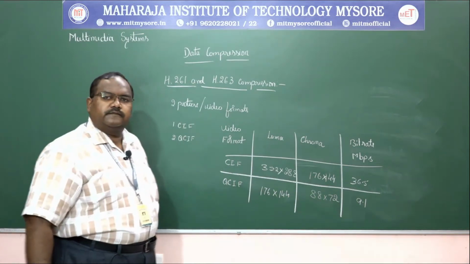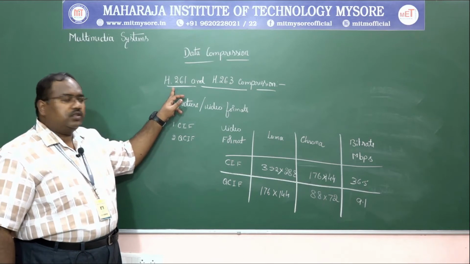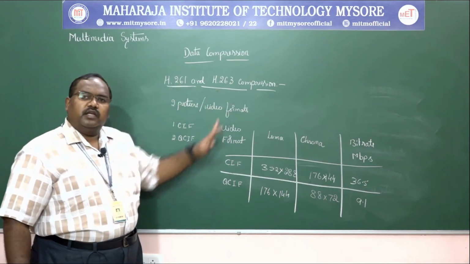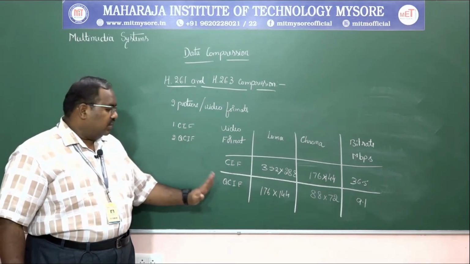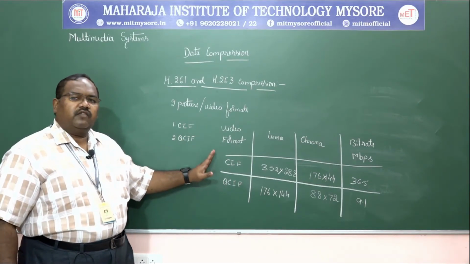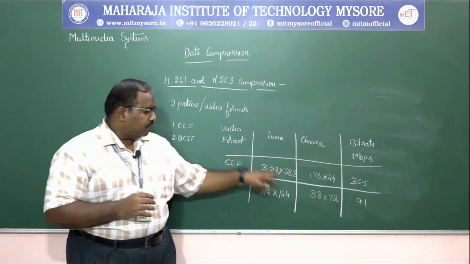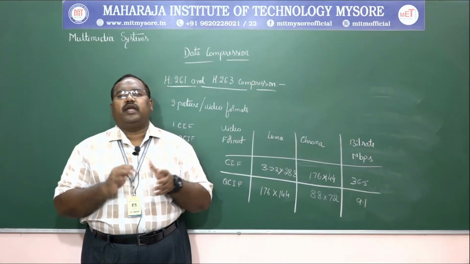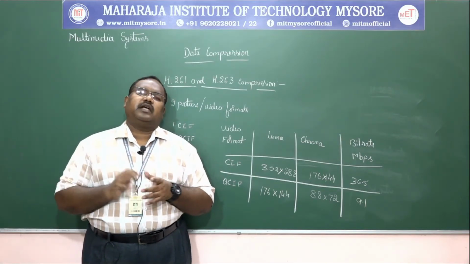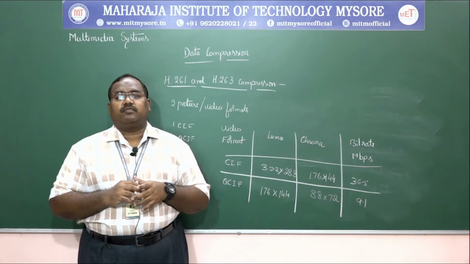Now look at this. We were talking about H.261 and H.263. Both use similar modes, CIF and QCIF. CIF has a luminance of 352 into 288 and a chrominance of 176 into 144, and the bit rate with respect to uncompressed data is 36.5.